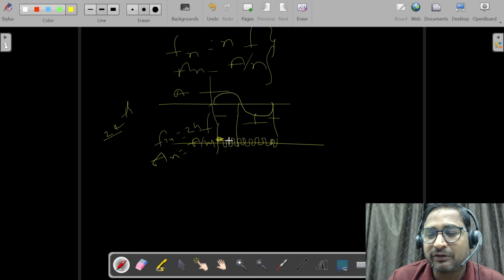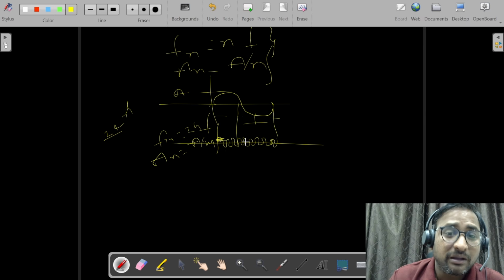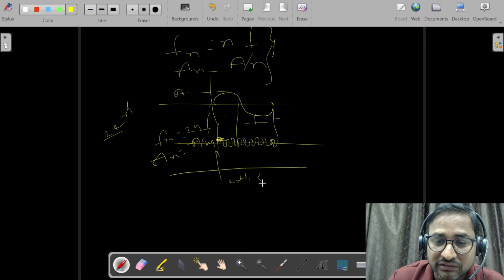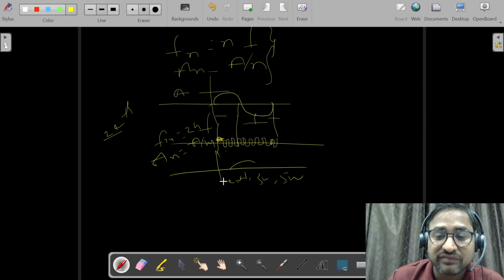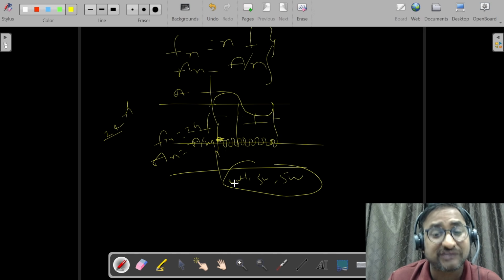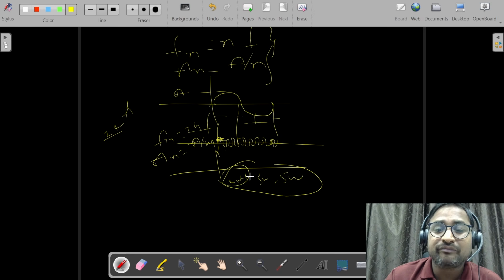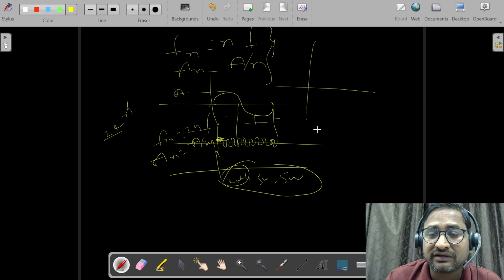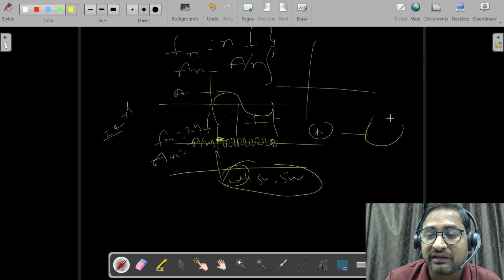If a small amplitude is present, we can reduce these small amplitude pulses with a normal RLC filter. But the seriousness comes in reducing the lower frequencies, like 2 omega t, 3 omega, 5 omega. These are the dangerous frequencies to reduce. For example, if I give inverter supply to my ceiling fan, the produced signal is a square wave.